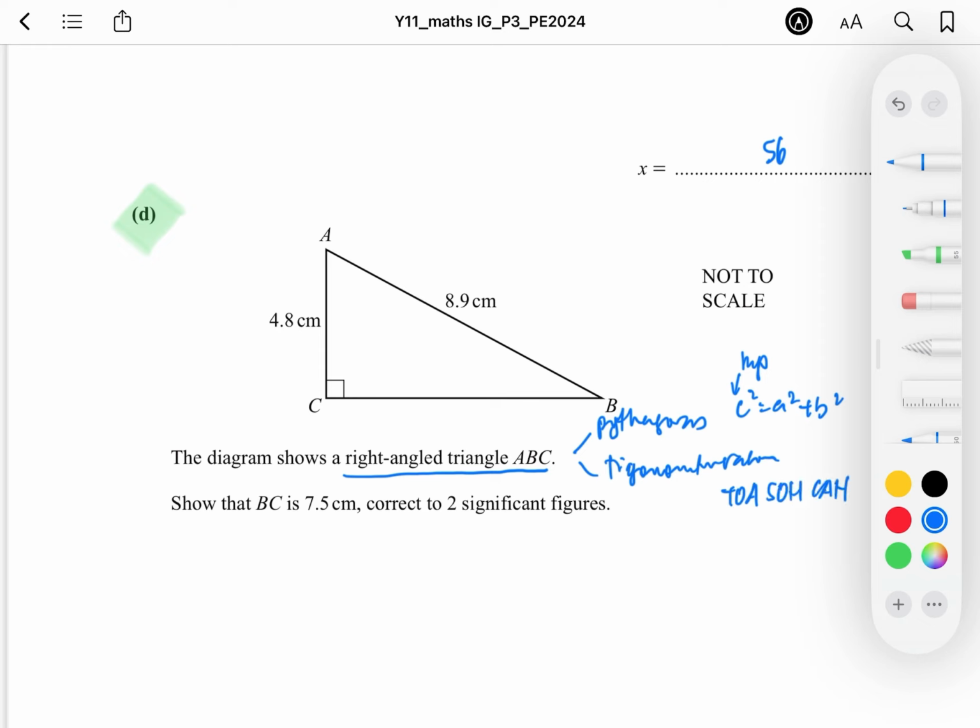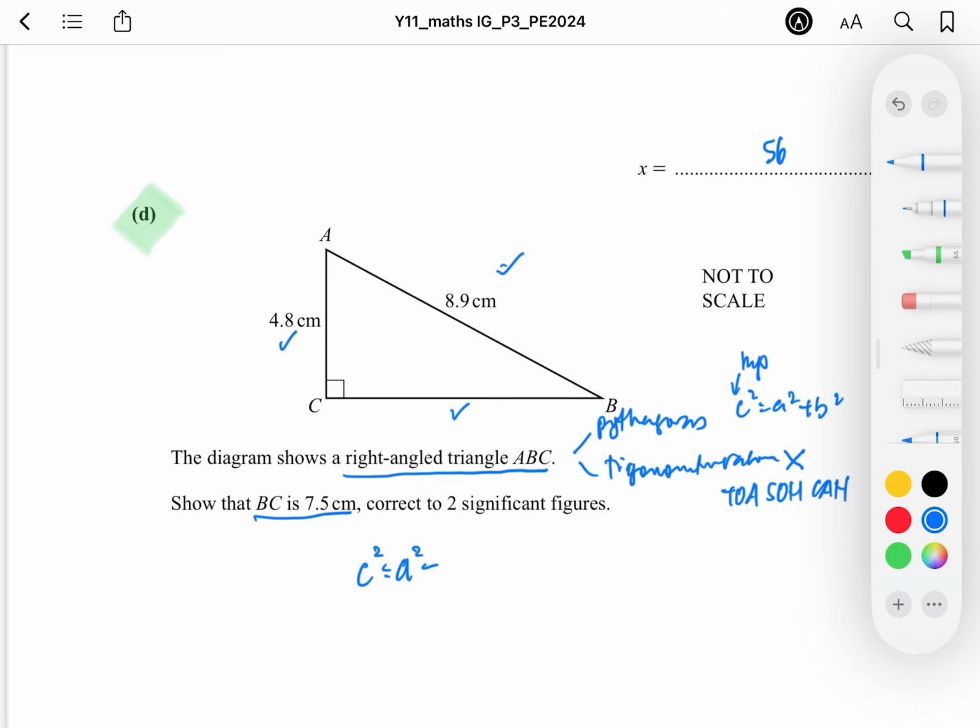Now let's see what is given here. We are given two sides and we are asked to find BC. So no angle is included at all, so we shouldn't be using any of the ratios.